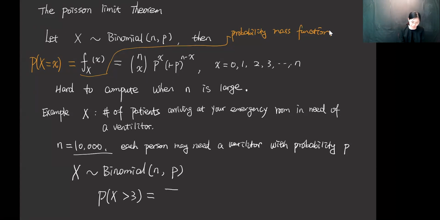Then you're going to have to sum up the probability that X equals little x for x from 3 to n, which is 10,000. That is 10,000 choose x times p to the power x, 1 minus p to the power n minus x, where n is 10,000.